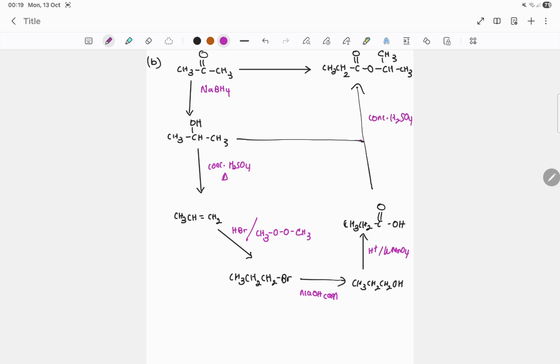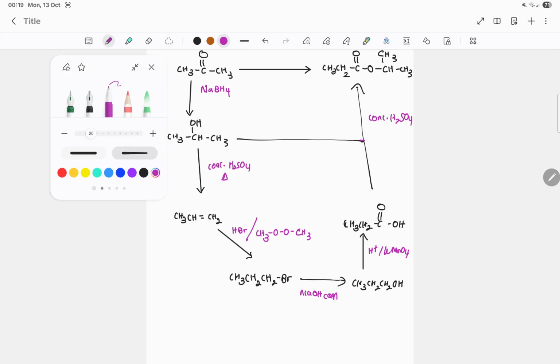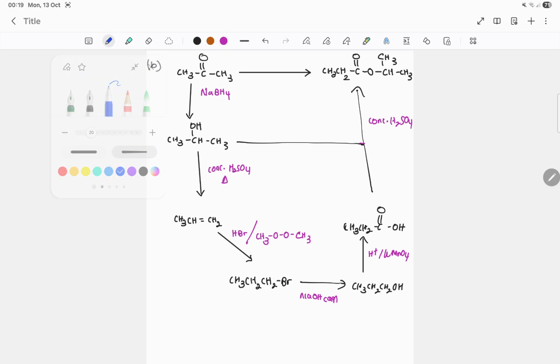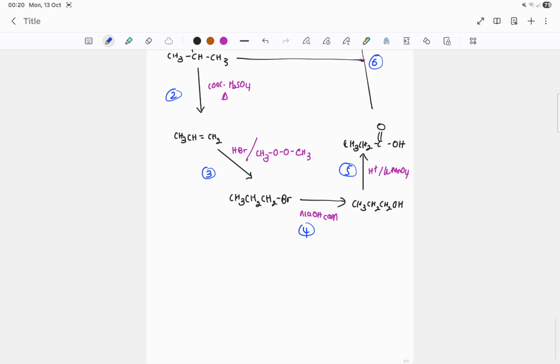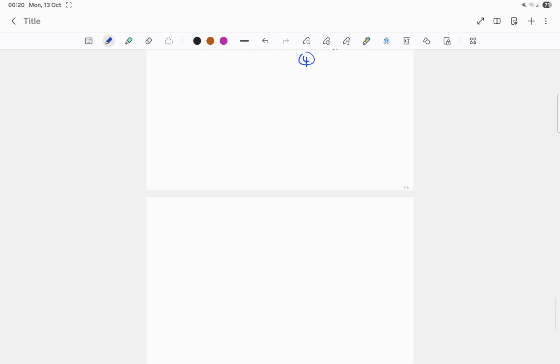How many steps are there? Let's count: 1 step, 2, 3, 4, 5, 6. Okay, within 6 steps we managed to form, from among the compounds given, the product that they asked.